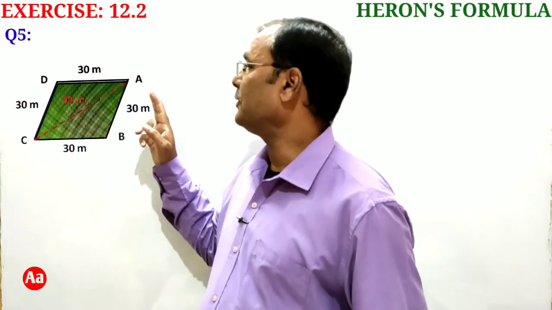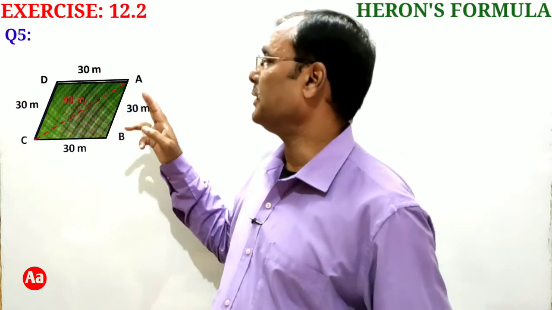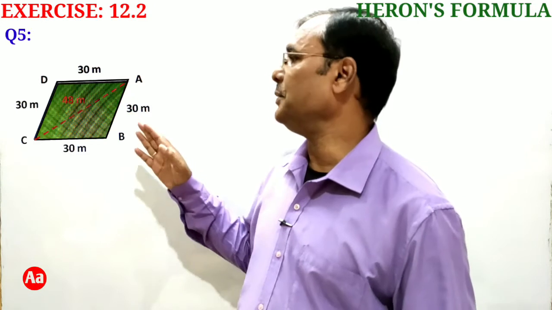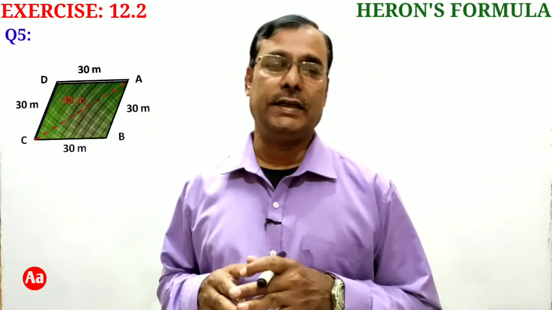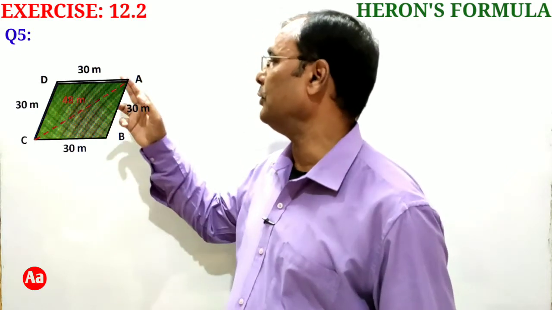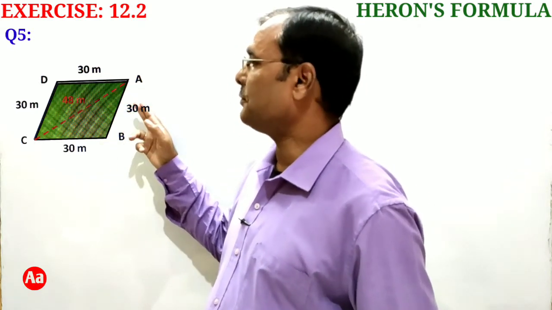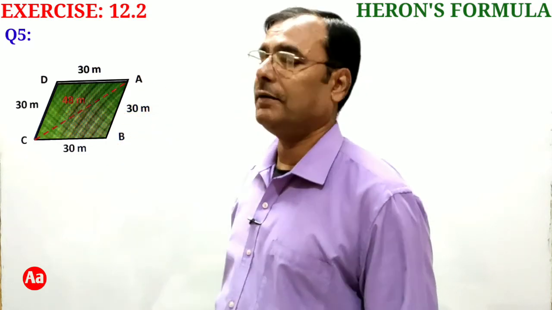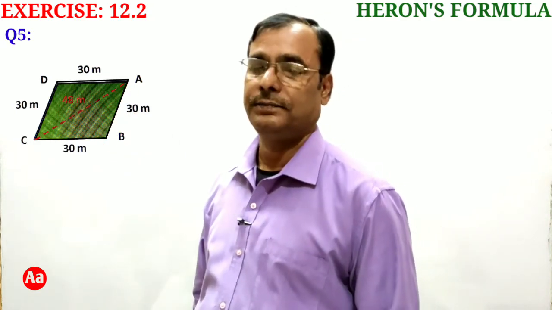AC is a diagonal, so diagonal AC divides the rhombus shaped grass field into two triangular parts ABC and ADC having equal areas. That means the area of the triangular part ABC of this grass field is equal to the area of the triangular part ADC.